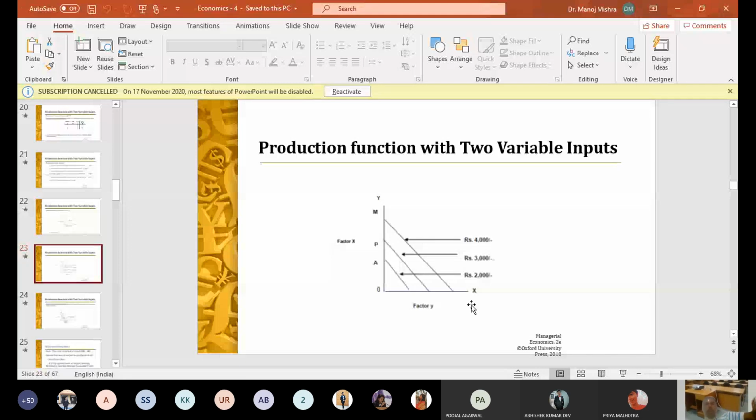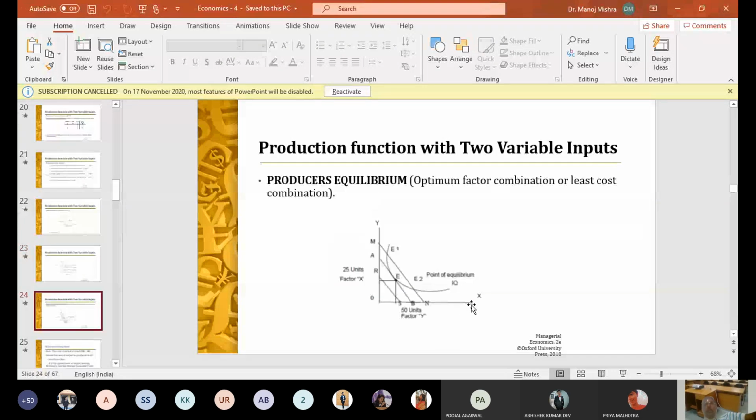Now, to find the equilibrium of the producer, we simply combine the two graphs. Producer's equilibrium will be on the isocost line which is tangent to the isoquant. You can see it is at tangent here.